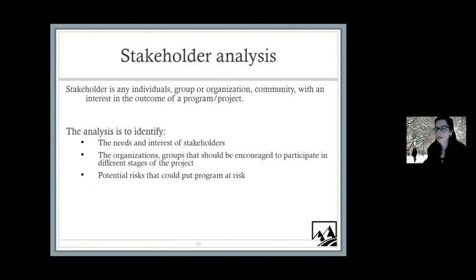Or even maybe some people in the community are against that community leader or opinion leader. These are some of the risks that it's important to acknowledge and think about how you want to manage going forward. And then what sorts of opportunities do they bring in implementing a program?